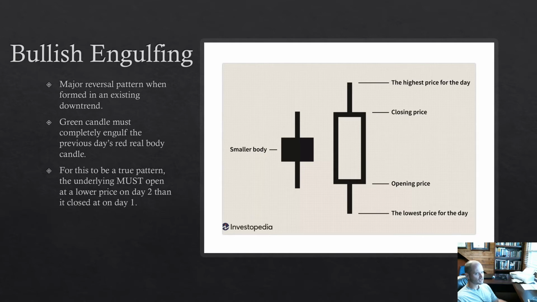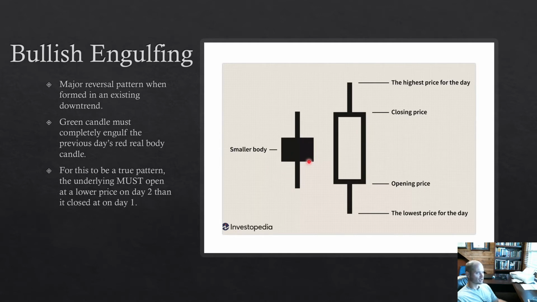So essentially the green candle, which is this one right here, its real body will completely engulf the previous day's red real body candle, which is right here. See how it's got the smaller body? Well, this bullish candle completely engulfed that body.